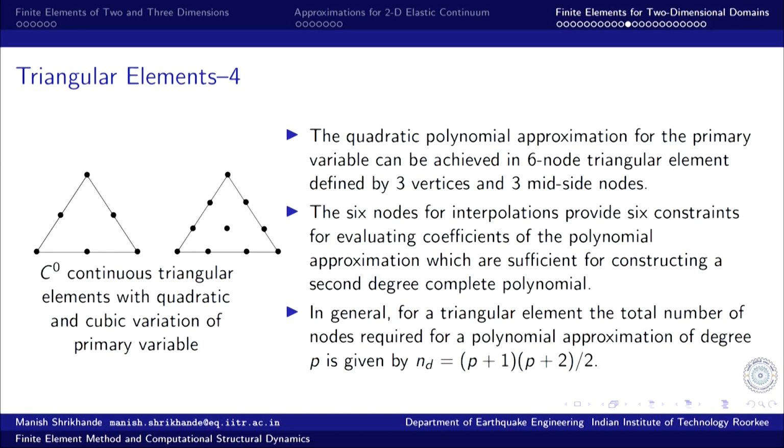One thing that needs to be paid attention to is that the triangular family is such that there is always a perfect match. If it is a 3 noded triangle, it is complete up to first degree. There is no spurious term, no extra terms of second degree or third degree. If I go for the quadratic element, then there are 6 nodes in the triangle and they will completely define the second degree, quadratic variation.